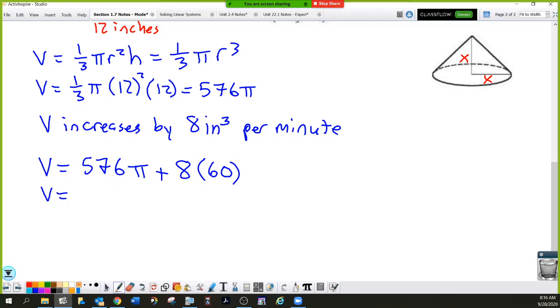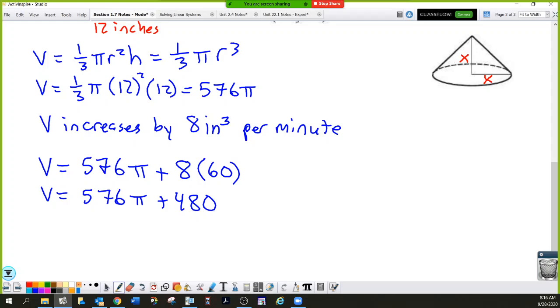It increases at 8 cubic inches per minute. This gives us 576 pi plus 480. Great. We now know what the volume is going to be in an hour.